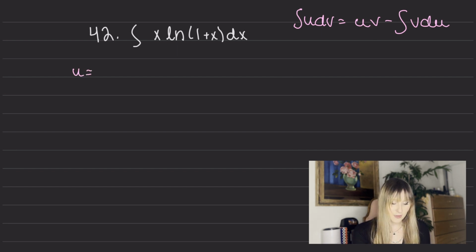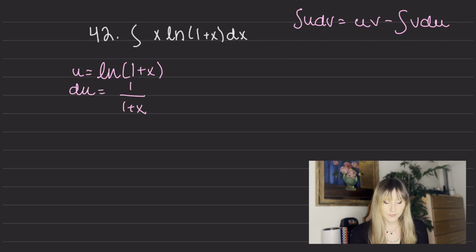So we have u equals log of 1 plus x. du is going to be 1 over 1 plus x. There's no chain rule there because we're perfect. So dv is going to be x, and then v we're going to find to be 1/2 x squared.